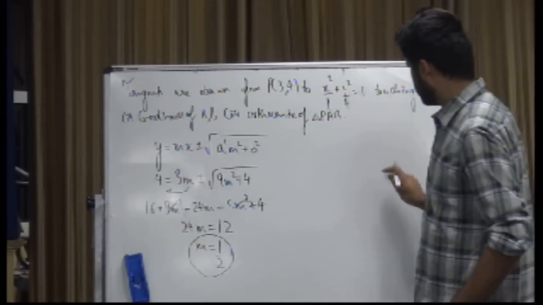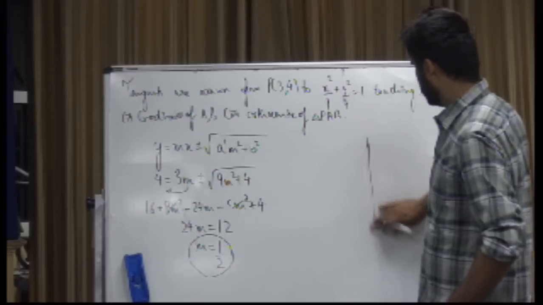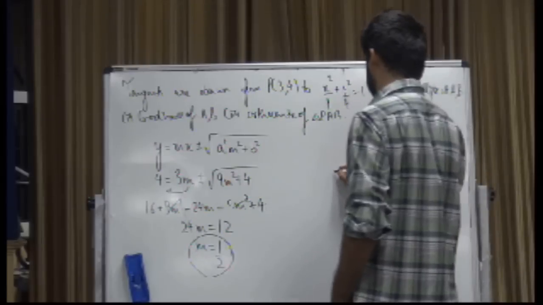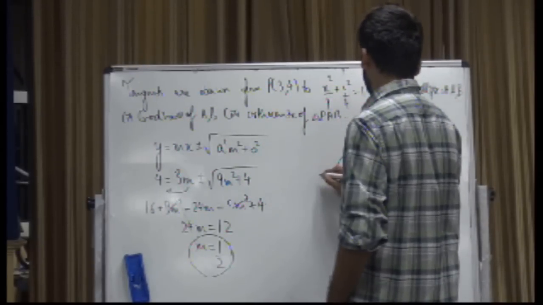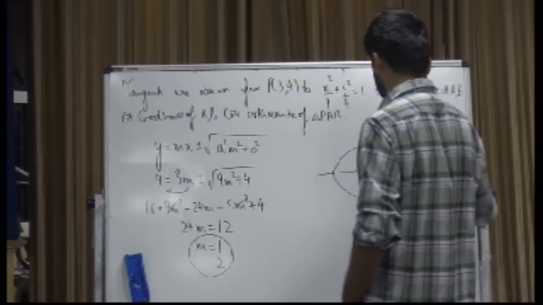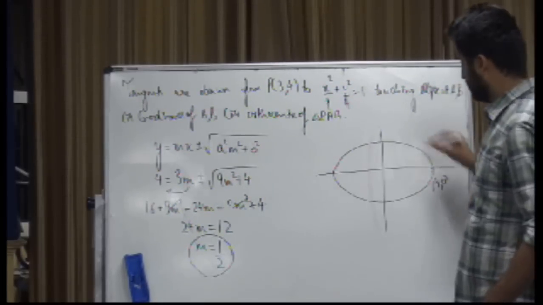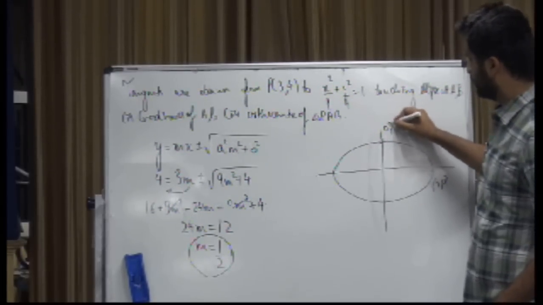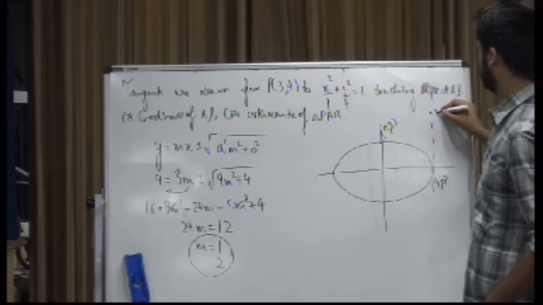Let's try to imagine the picture. So let's suppose the ellipse is like this. This point is 3 comma 0 and this point is 0 comma 2, and the point 3 comma 4 is over here.